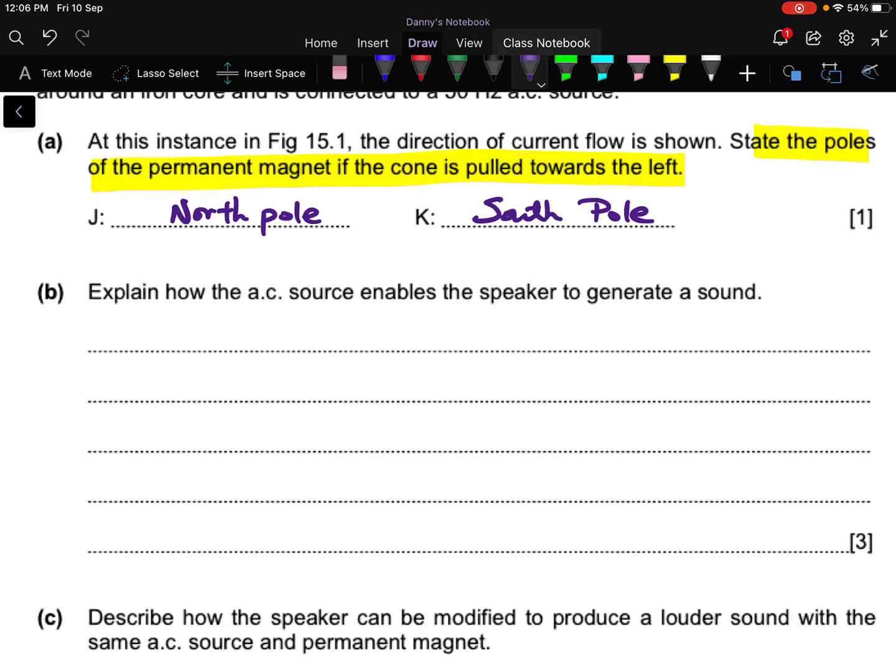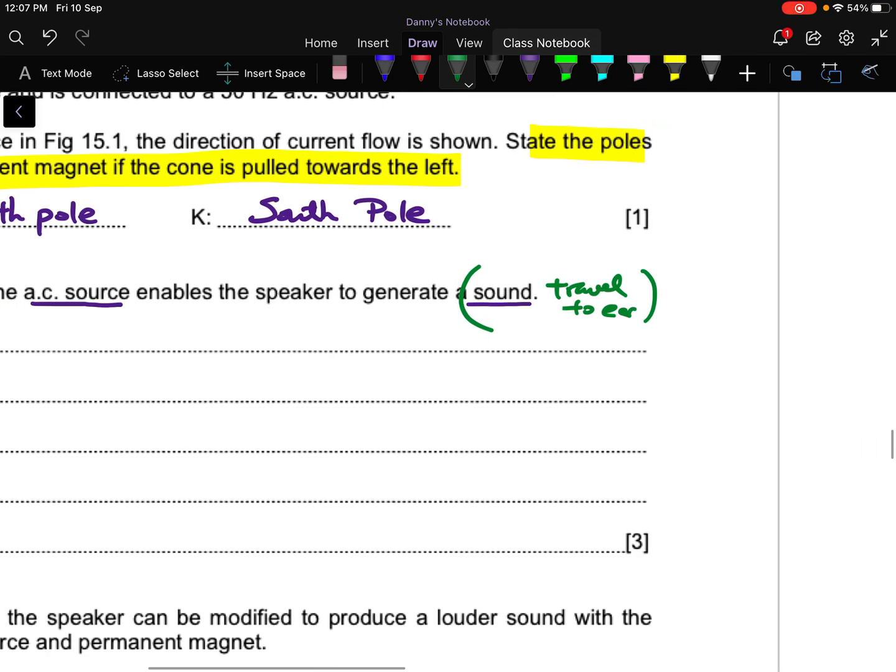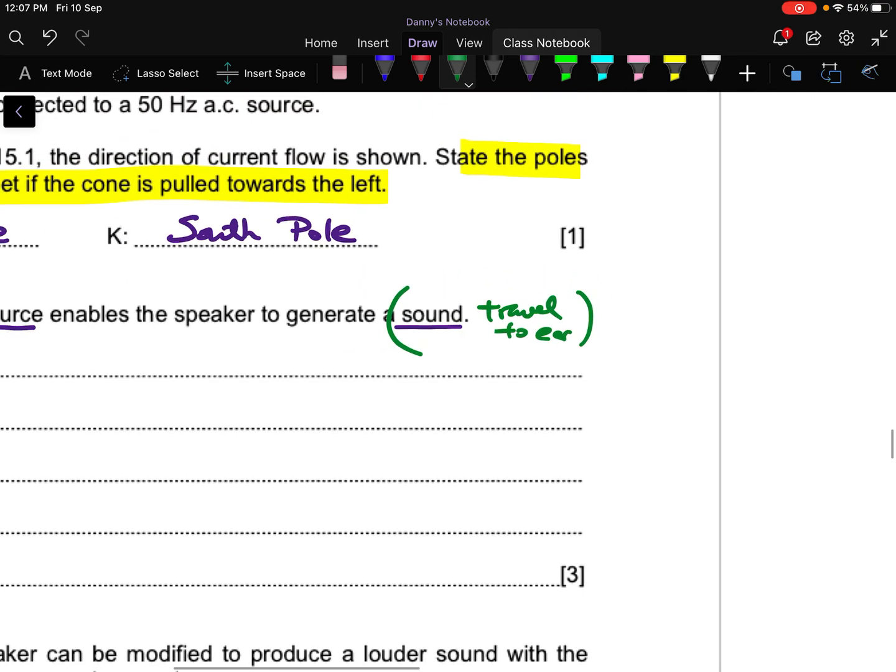Okay, for B, I'm actually kind of confused by the candidates' responses. Here, the question actually wants you to focus on how an AC source is able to make a sound. But many of you are answering how sound travels to your ears.